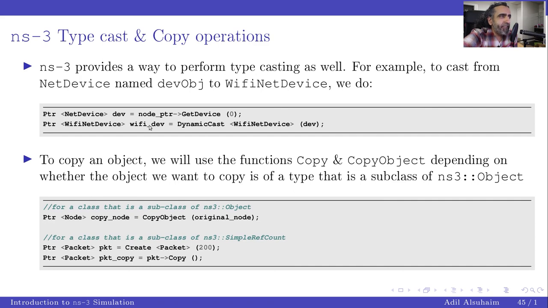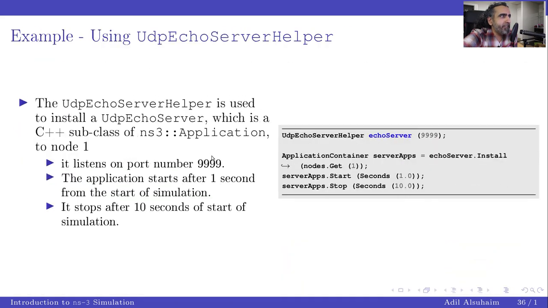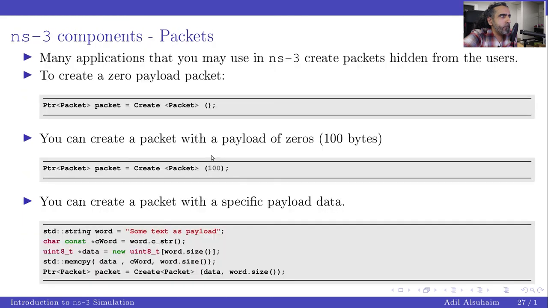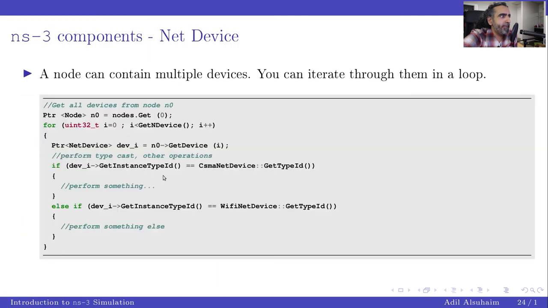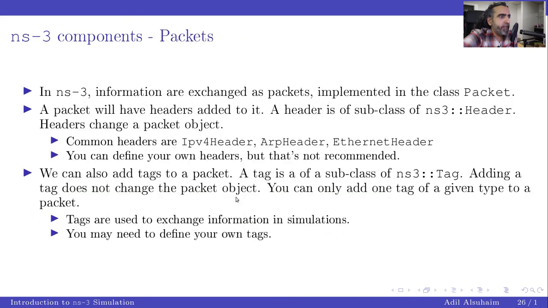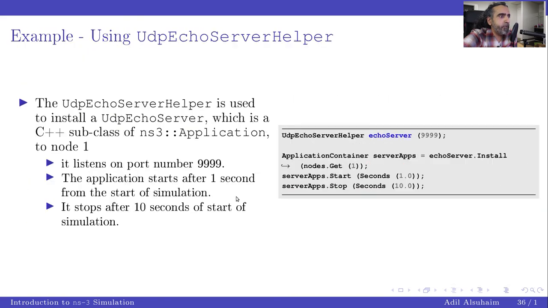You can also check the type, and I believe I have it somewhere here when I talked about iterating. So you can check if the instance type ID of the device is this type ID, then you can safely perform the casting.